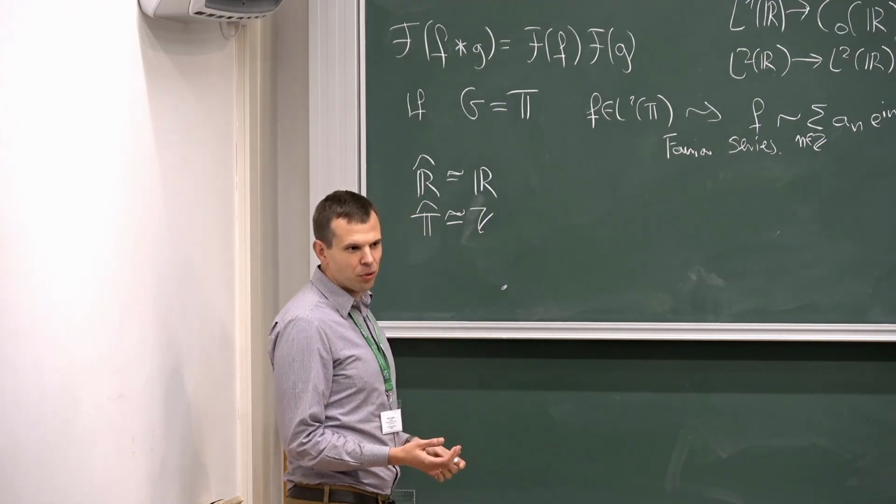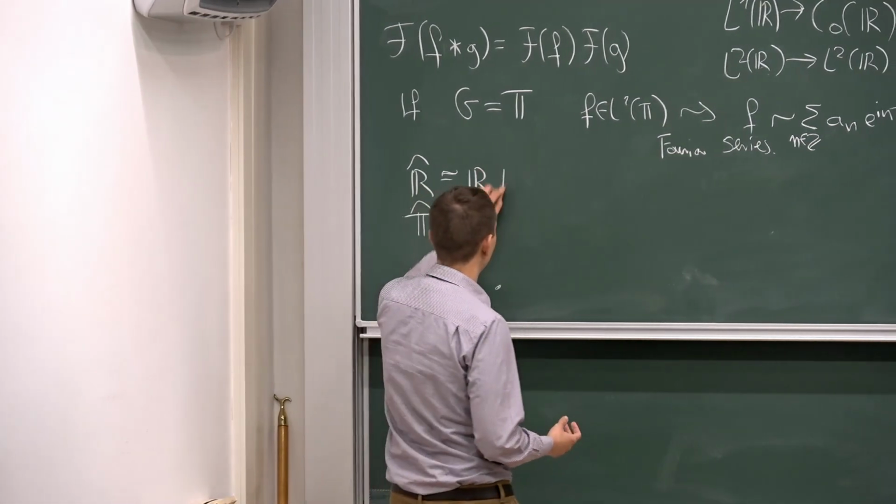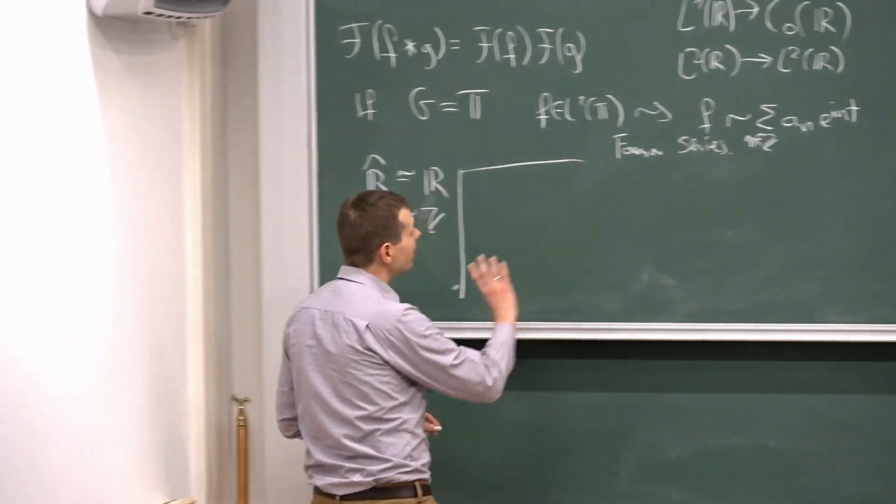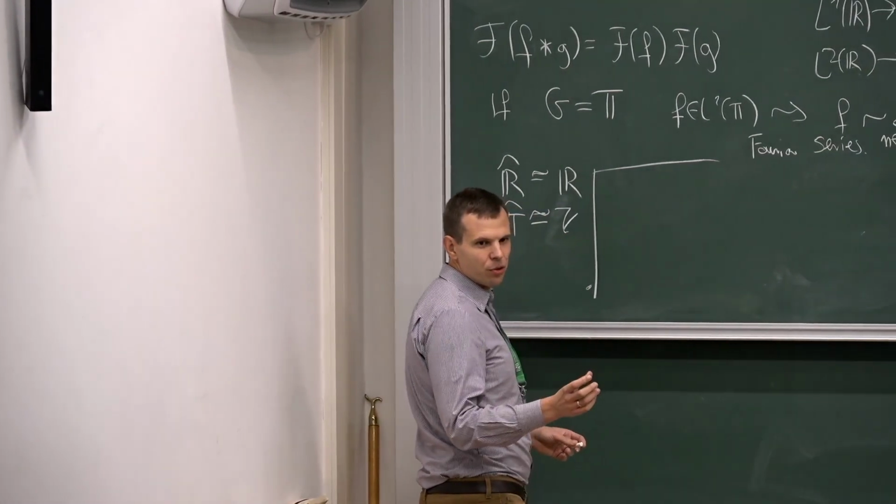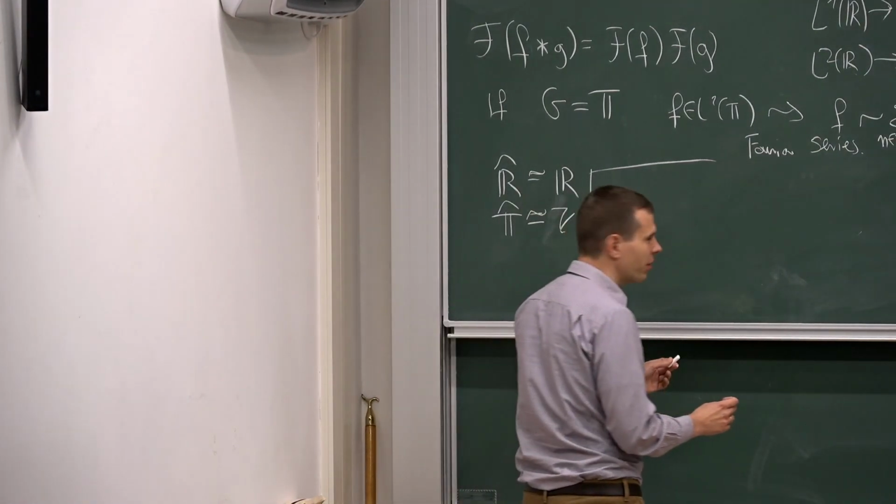Then the Pontryagin duality is this general statement that any sort of nice abelian group admits a dual, and you can do Fourier analysis there.